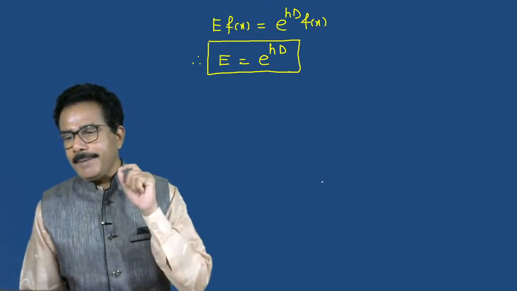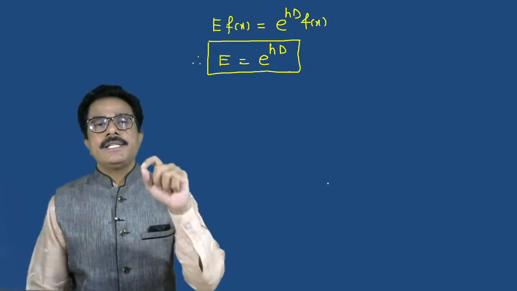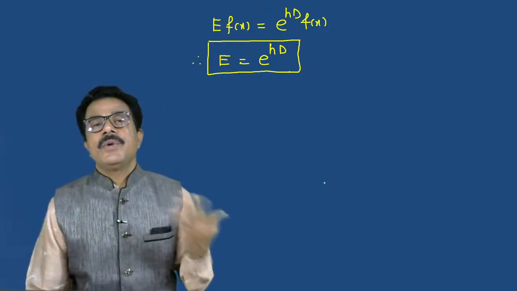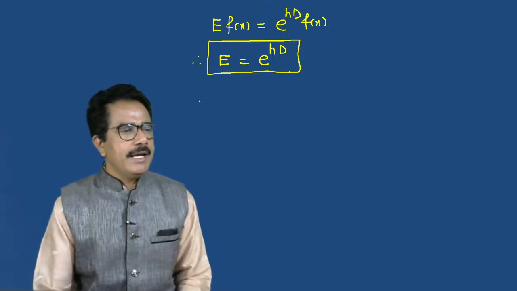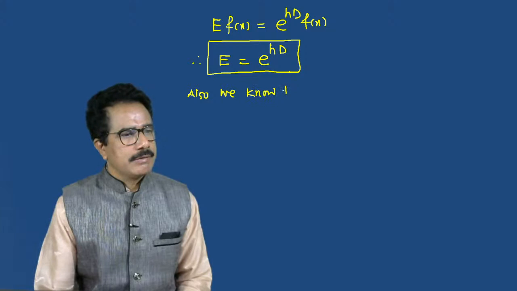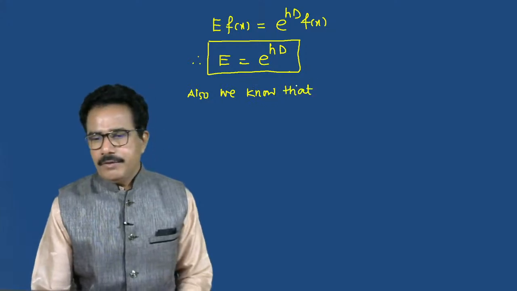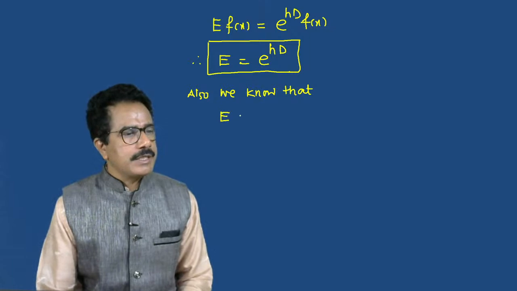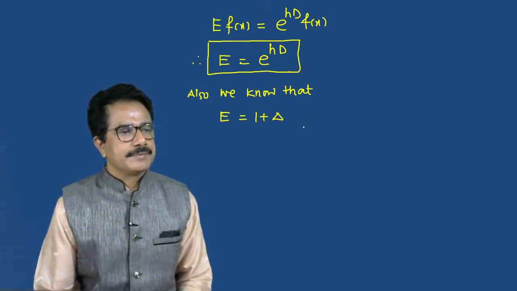Students, now you tell me, there is also a relation between E and delta. What is that relation between E and delta? Also we know that E is equal to 1 plus delta.